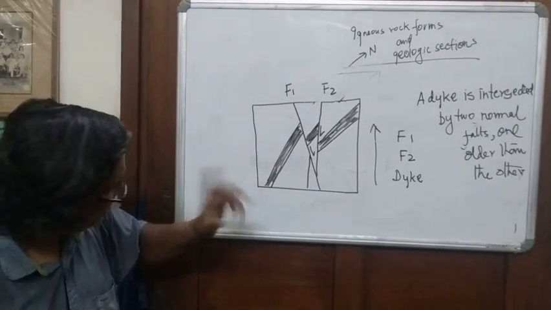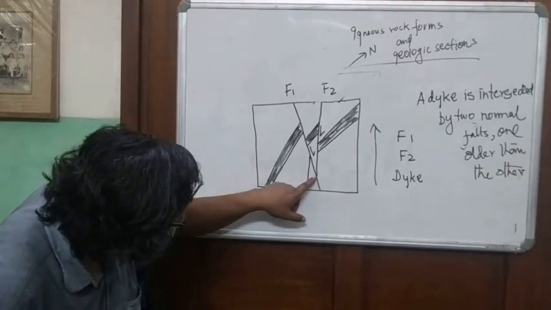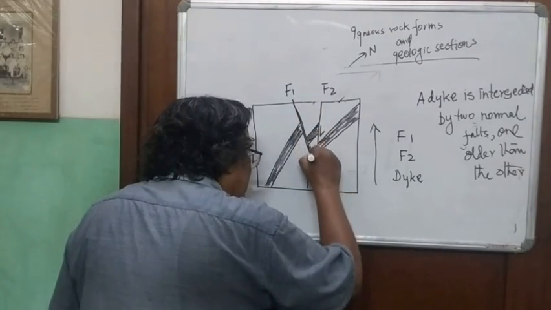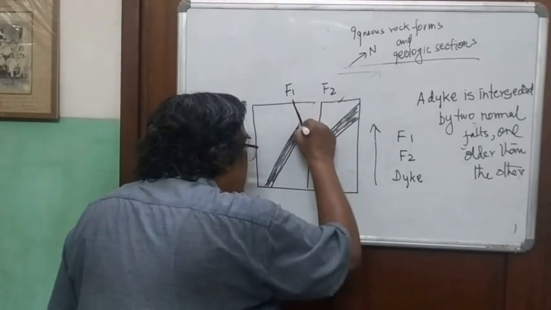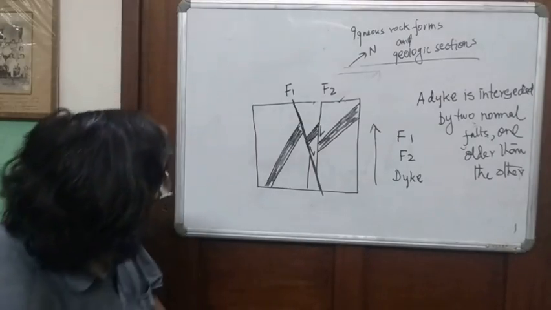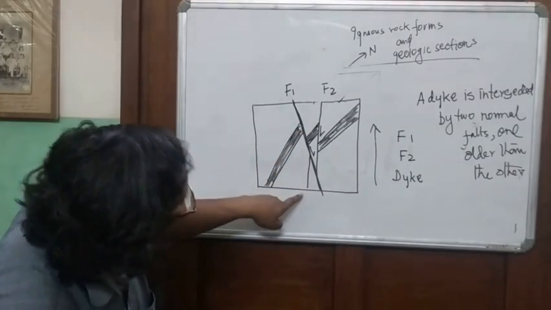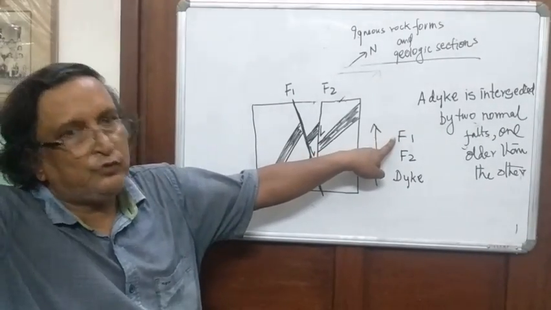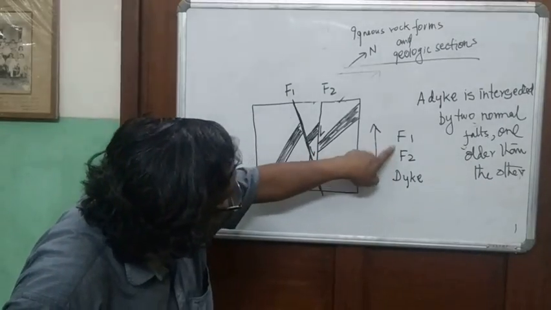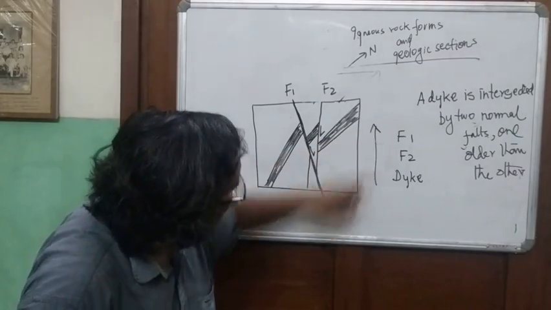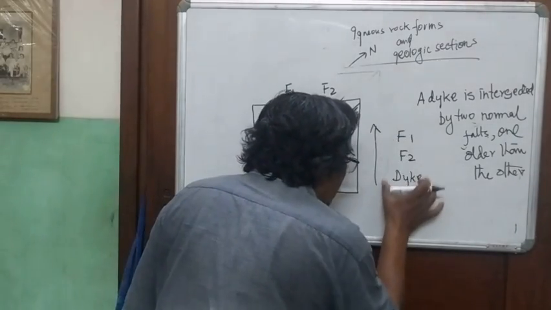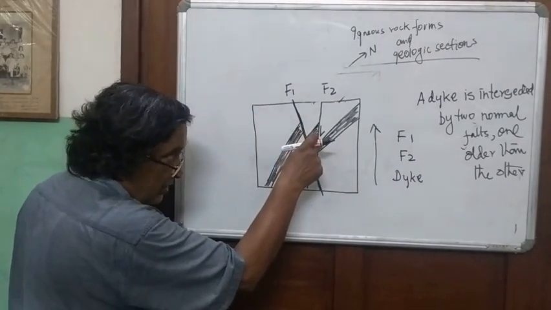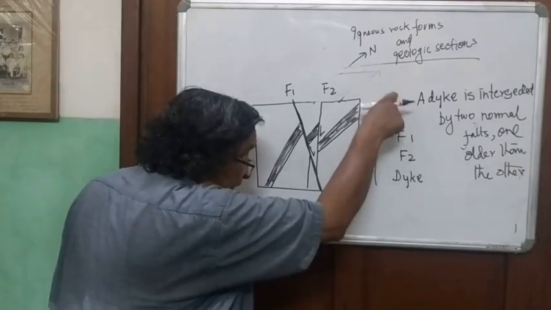But here I show that this one is F1. This F1 faults F2. That means F1 has to be younger because it has faulted F2. And since the dike is older, these two are younger. That means both F1 and F2 have faulted the dike, which is true. But F1 has faulted F2, so F1 is younger.